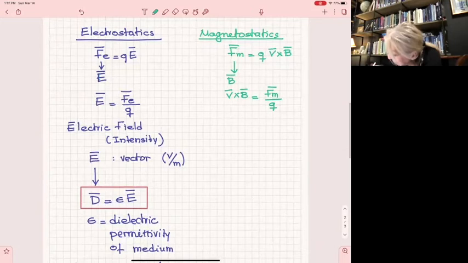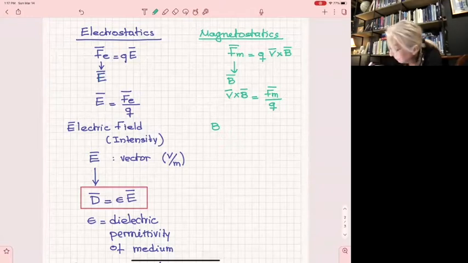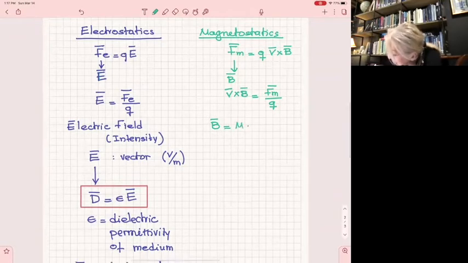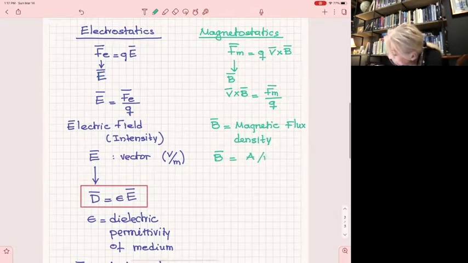Now, B, because of units, is not a magnetic field, even if we make reference to it as such, but in reality is a vector field and is called the magnetic flux density. And B is measured in webers per meter square.